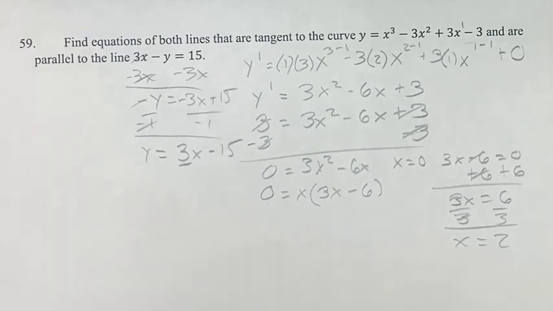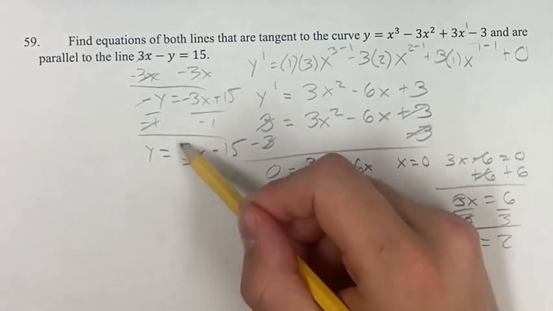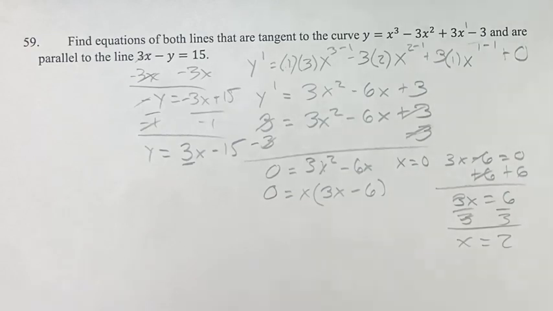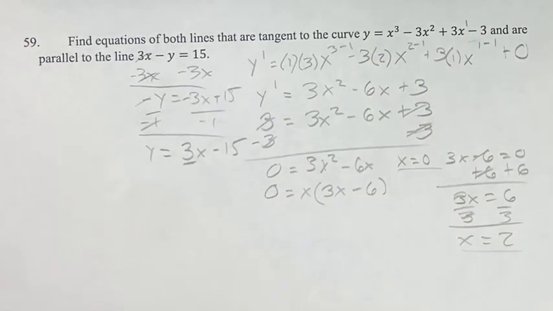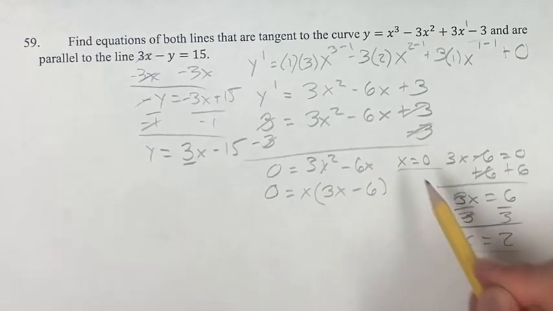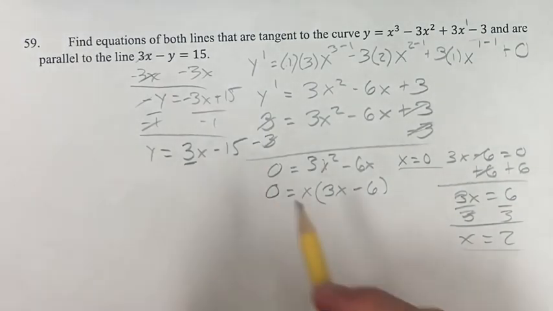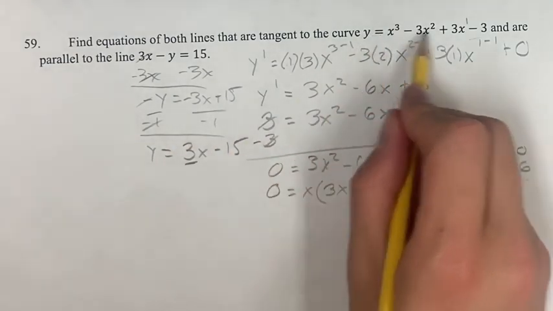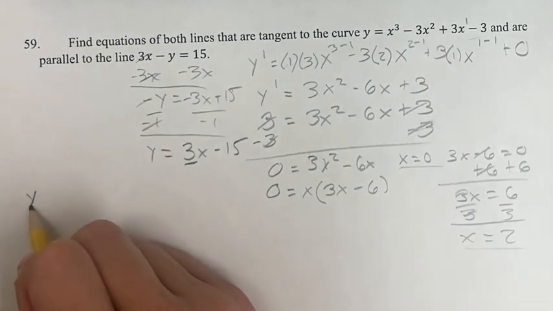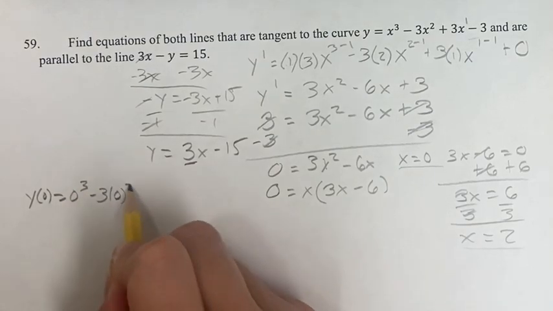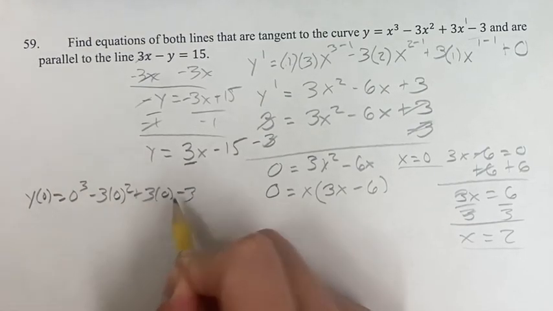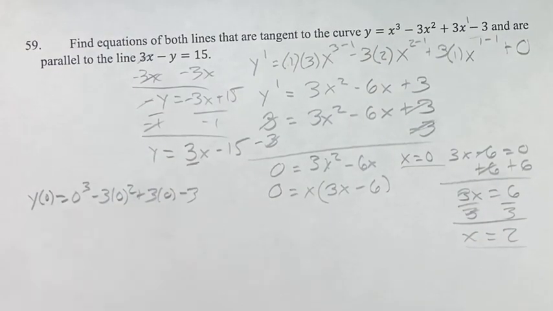So what does this tell us? We know that the slope of these tangent lines is 3, and we know that they go through the points on this curve where x is equal to 0 and x is equal to 2. So to keep going with this problem, we have to find the y values, so we have the whole point for whatever x values we have. So just plugging 0 and 2 into our original curve, not into the derivative, we get y of 0 is equal to 0 cubed minus 3 times 0 squared plus 3 times 0 minus 3.